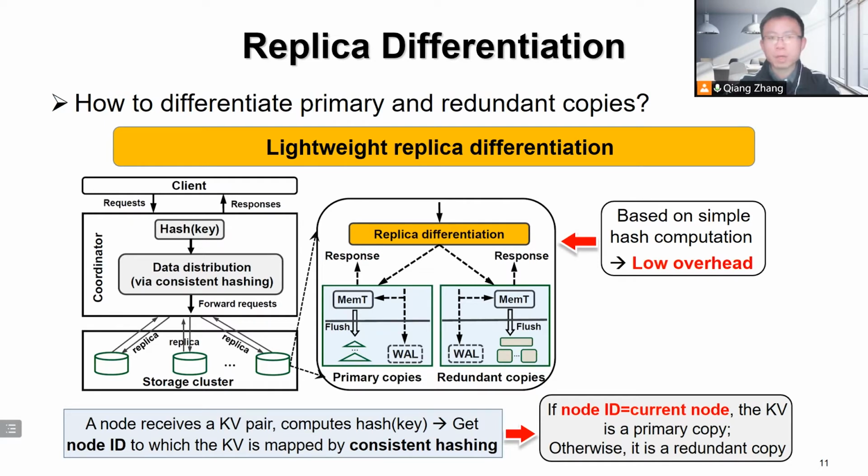If the resulting node is the current node N itself, then we refer to the replica as the primary copy. Otherwise, the replica is the redundant copy. The differentiation scheme is based on simple hash computation, so it is low overhead.